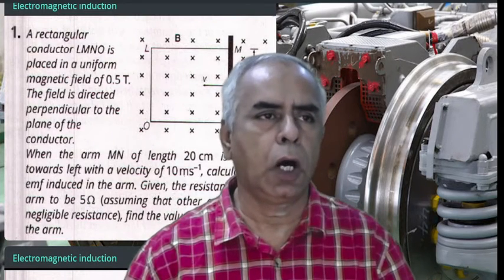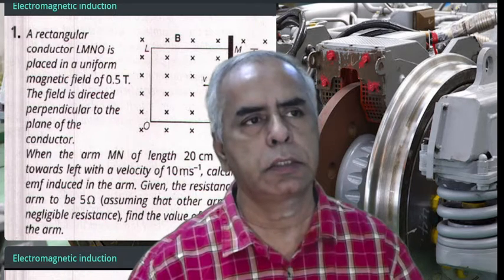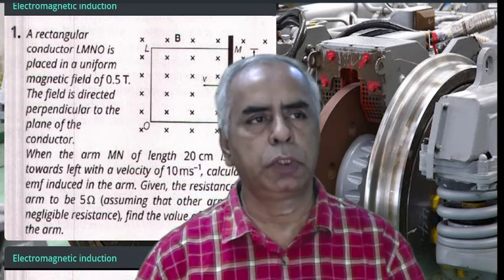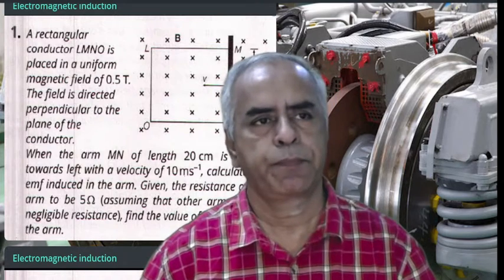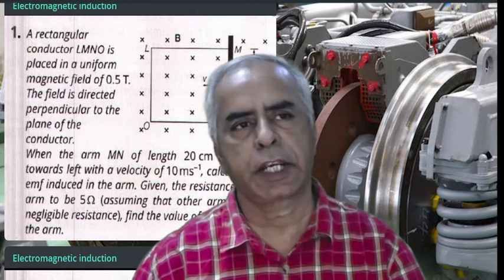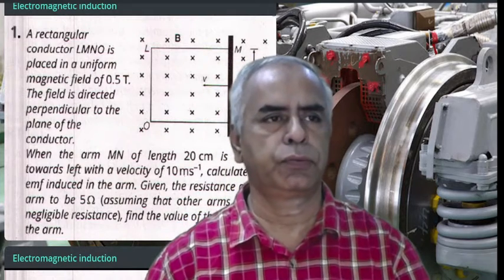When the arm MN of length 20 centimeter is moved towards left with a velocity of 10 meter per second, calculate the induced EMF in the arm.